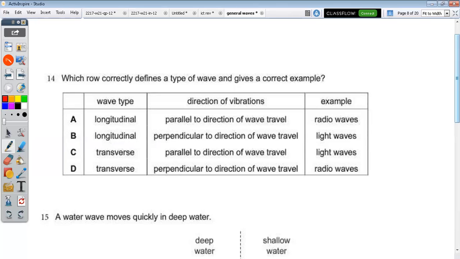The only longitudinal in physics is what? So isn't it between C and D? Didn't we say the only longitudinal wave in physics is sound? And I said all other waves are transverse. Look at your example here. Radio wave, it can't be longitudinal. The only longitudinal is sound. I don't know why you're not getting that, what I said.